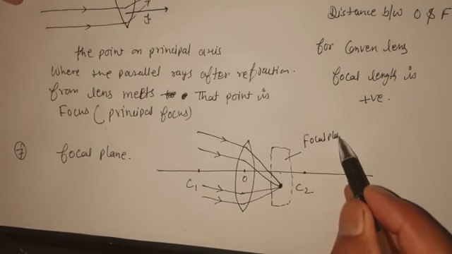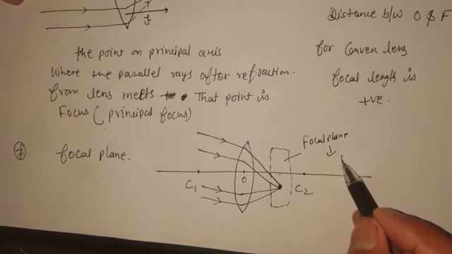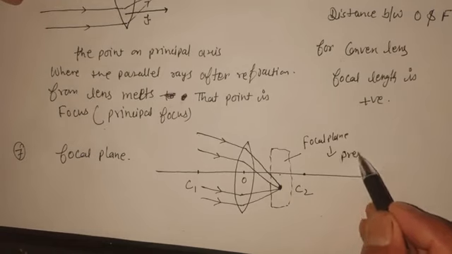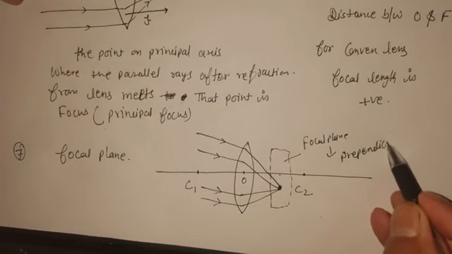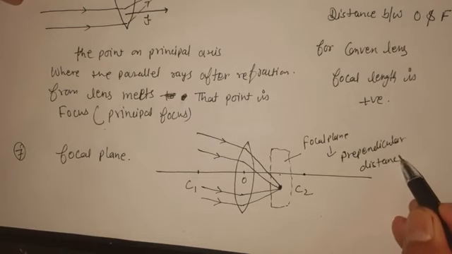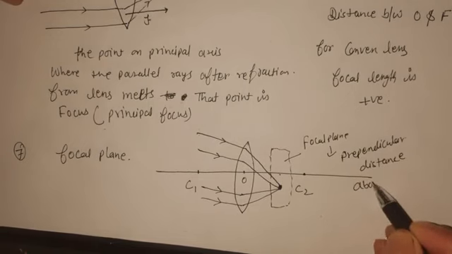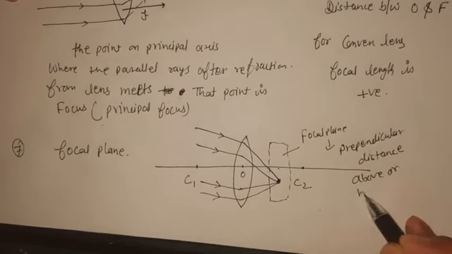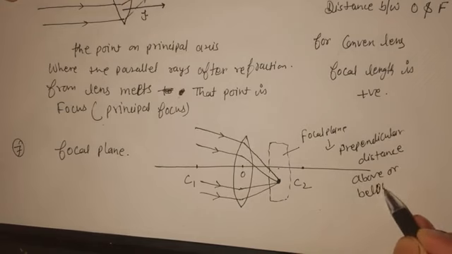The fourth point was the focal plane. The fifth point was the principal axis. The sixth point was the radius of curvature.